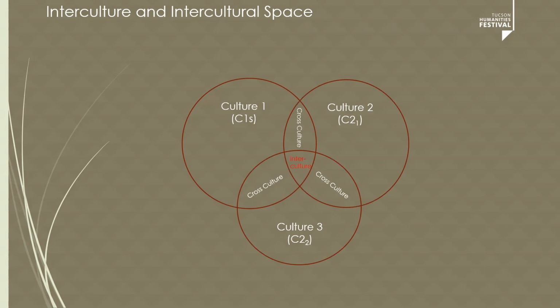It's where one or more people of a first culture are in contact with one or more people from another culture, second culture, and a third culture, which is also a second culture. They come and interact with one another. At any point in the interactions of these people, which we can understand as an intercultural space, we can find cultures in intercultural conflict. This diagram clarifies the difference between cross-culture and interculture in the way that I define and use those terms.